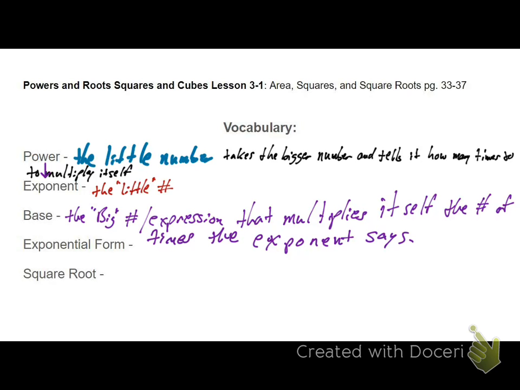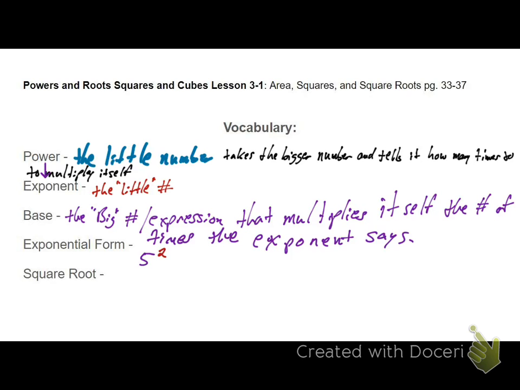So with all that being said, exponential form is exactly these three things mixed together. So, example: 5 raised to the second power.